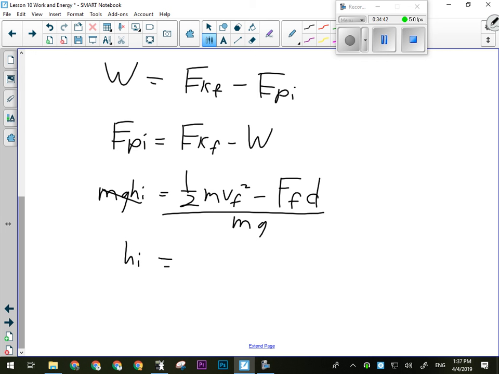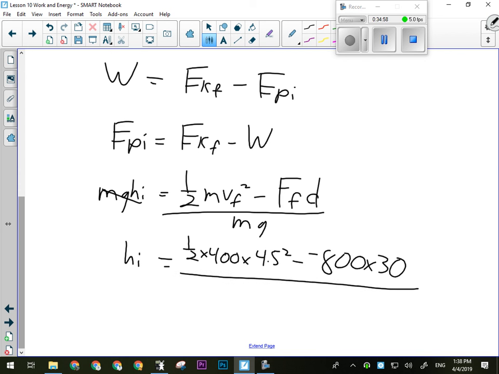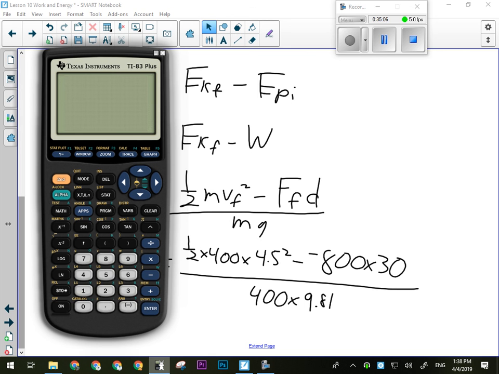The initial height will be 1/2 times 400 times 4.5 squared minus negative 800 times 30, the length of the ramp. And then I divide that by 400 times 9.81, and that will give me the initial height of the rock when it was still in the trap.